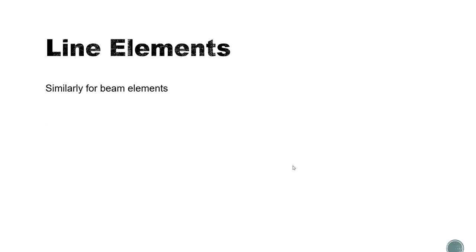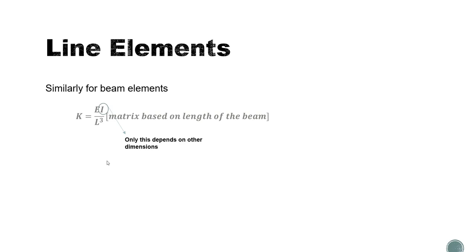In the case of beam elements, you can see that K can be written as EI by L cube, and this matrix is based on the length of the beam, and I is the property that depends on other dimensions of the beam. So if we specify the moment of inertia for a line element, we can model a beam using a line element, which will have all the information related to the actual beam.